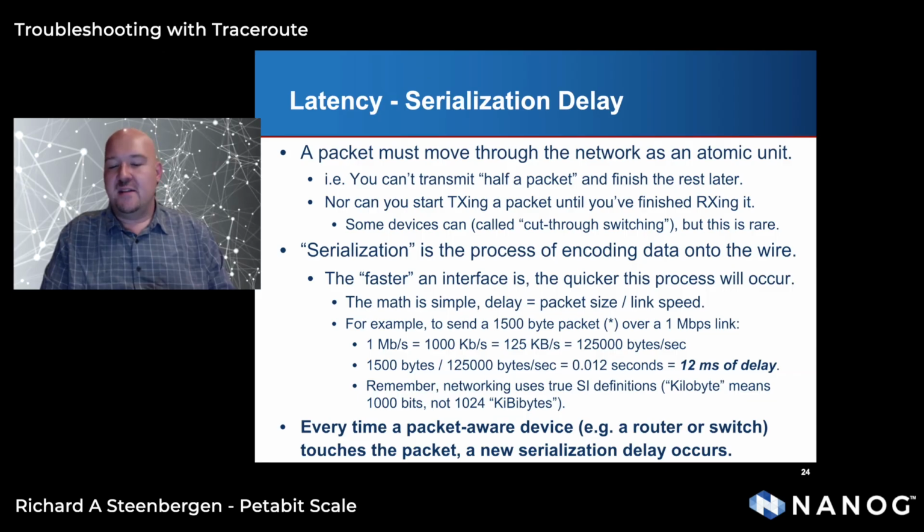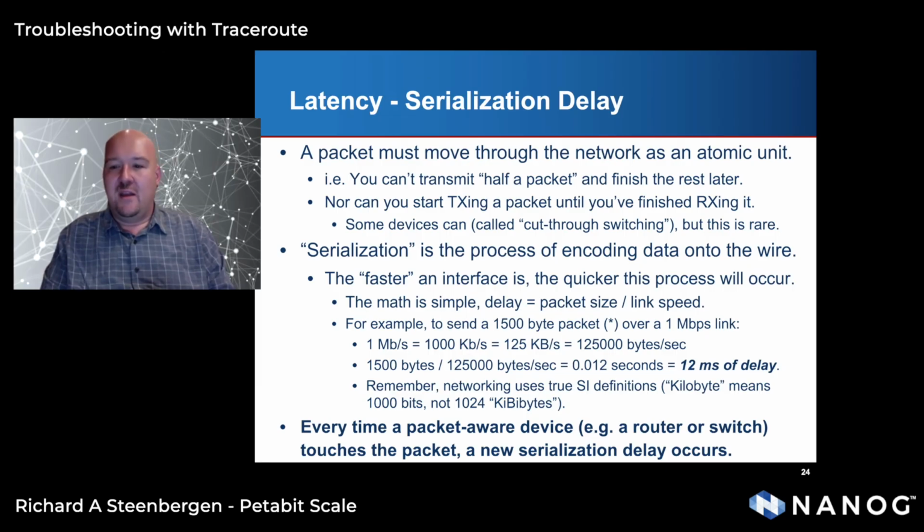Here's an example where you send a 1500 byte packet over a 1 megabit link. 1 megabit per second is 1000 kilobits per second, is 125 kilobytes per second, which is 125,000 bytes per second. So if you do 1500 bytes divided by 125,000 bytes per second, you end up with a total transmit time of 0.012 seconds, which is 12 milliseconds.